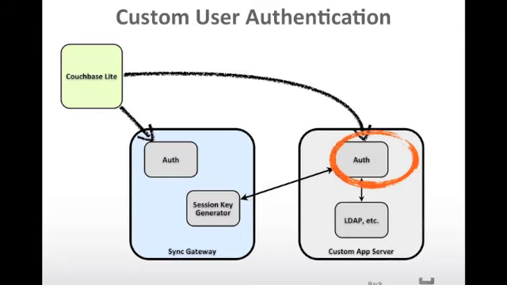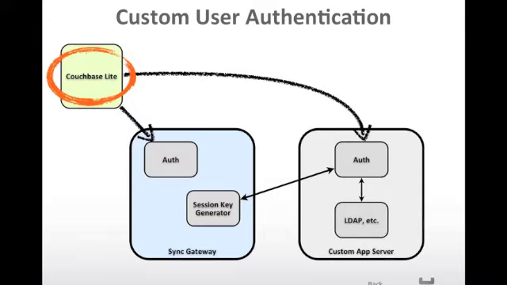And so now the authentication REST endpoint in your custom app server, in your Rails app or whatever, can take that session ID, and the simplest thing is just to set it as a cookie on the response, but you could also send it more explicitly in the response payload, and have code back on the client tell Couchbase Lite about it. Either way, let's pretend you set it as a cookie.